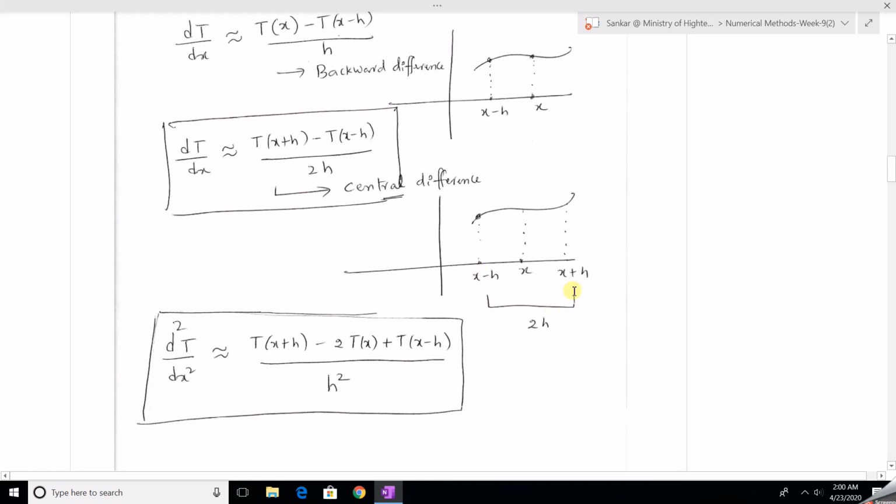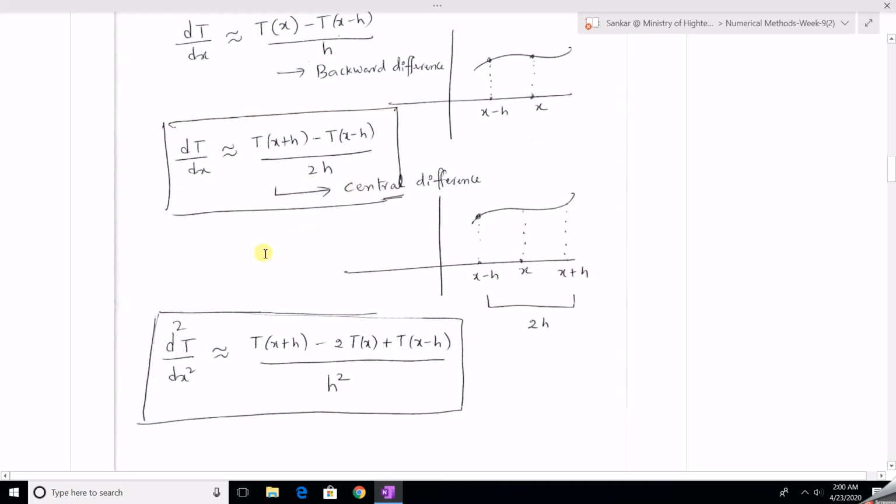Therefore the total length will be 2h. Therefore the central difference approximation of this derivative is t of x plus h minus t of x minus h over 2h.